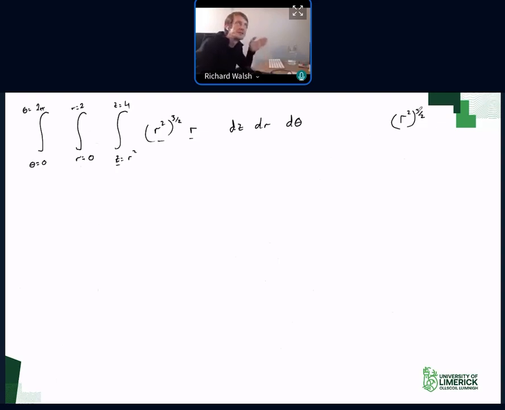One of your rules of indices is, if you have something raised to a power that's raised to another power, you multiply the two powers. So 2 times 3 over 2 is 3. That term is r cubed. R cubed times r to the power of 1 is r to the power of 4. So all of that r stuff simplifies to r to the power of 4.